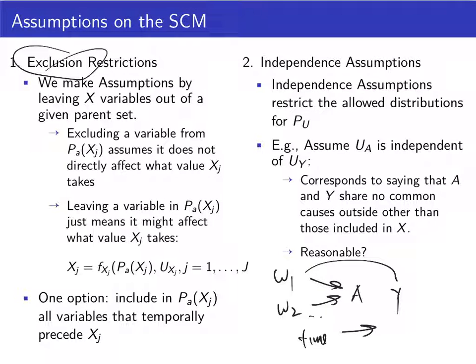So this lack of this arrow here that I'm putting in, that's an exclusion restriction. I'm just specifying that I think that Y is not a function of it, even though it's in the past. That's what it is.